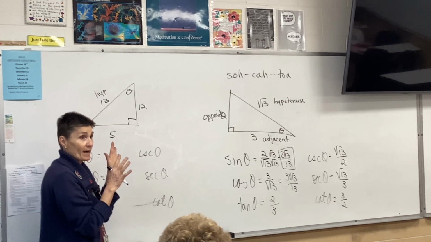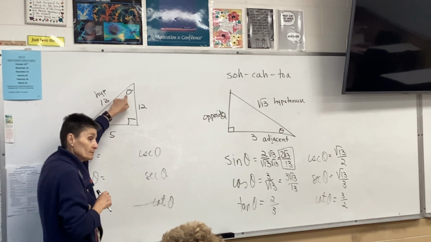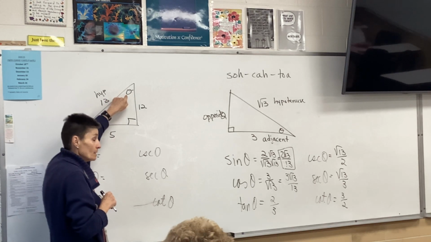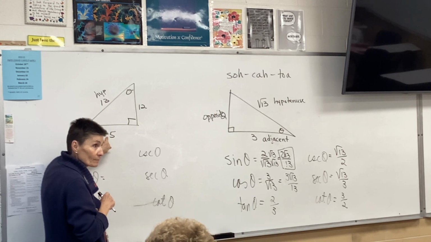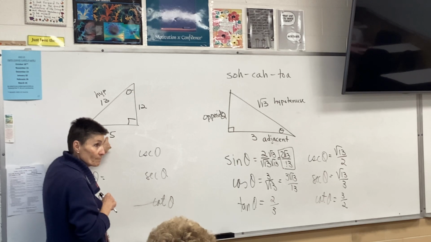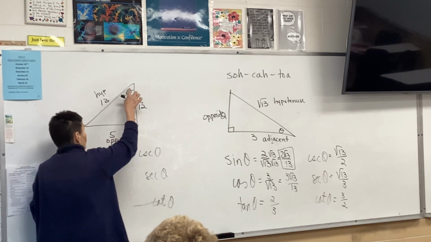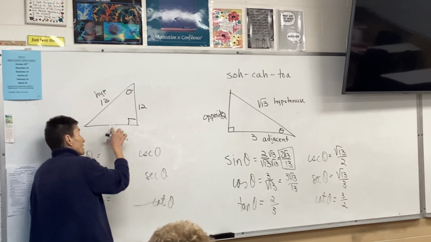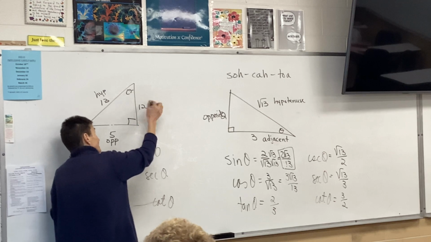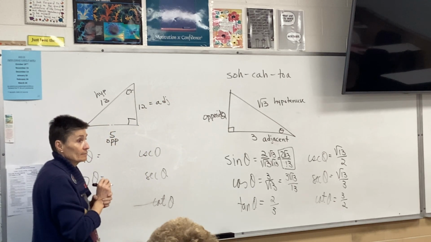Would everybody agree with that? Now, your angle's up here. This side is what? What'd you say, RJ? You're right. It's the opposite side, because it's across from the angle. This one is right next to the angle, so it is the adjacent.